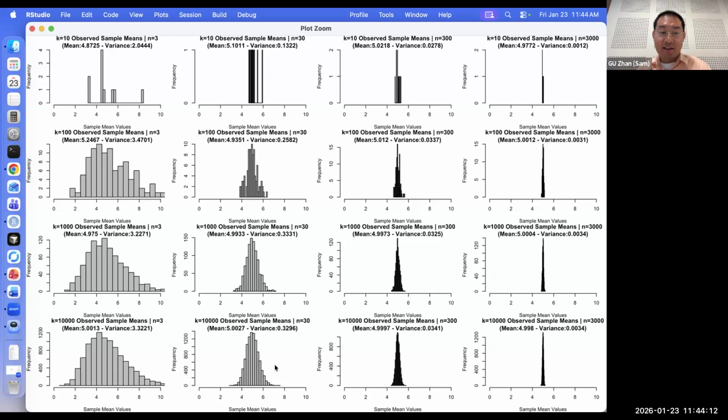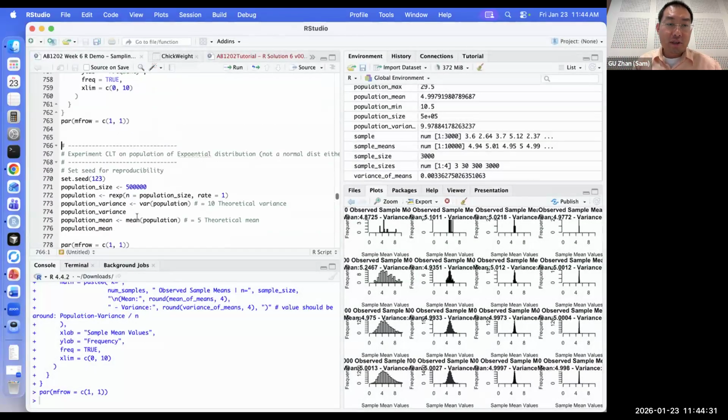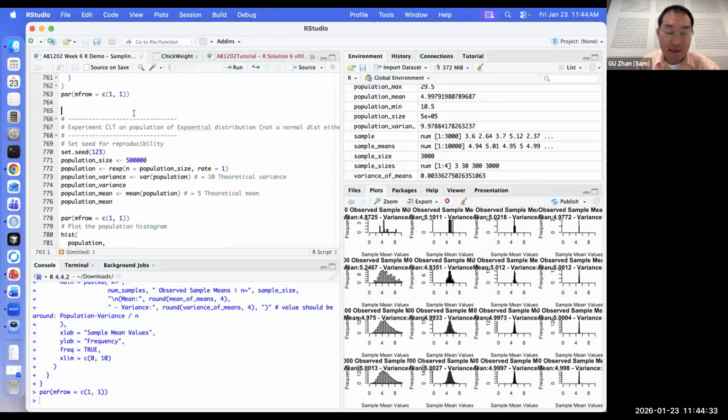Another thing to think of: when the sample size is small, the sampling distribution will still have the shape of the population distribution, because the population distribution is right skewed.